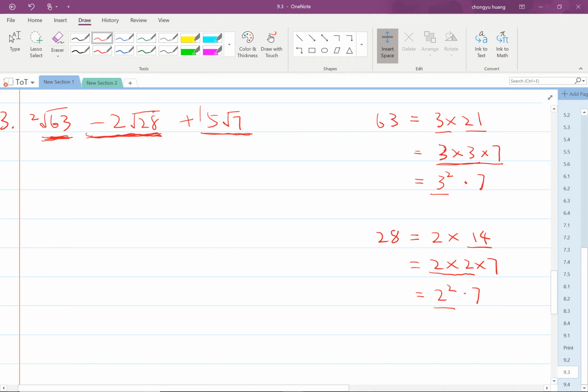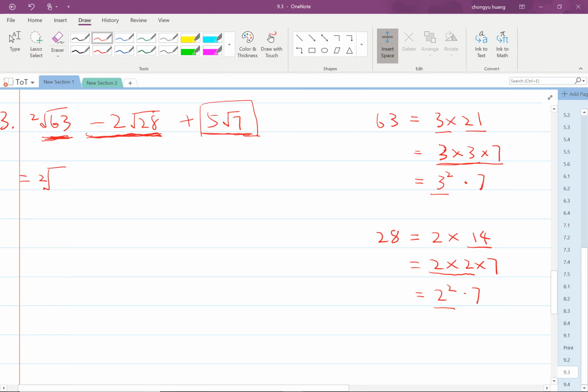Now let's take a look at the last integer. As you can see, we cannot simplify it more, because 5 square root of 7 is already in the simplest form, so we don't have to do anything. Okay, so now let's plug in those numbers.